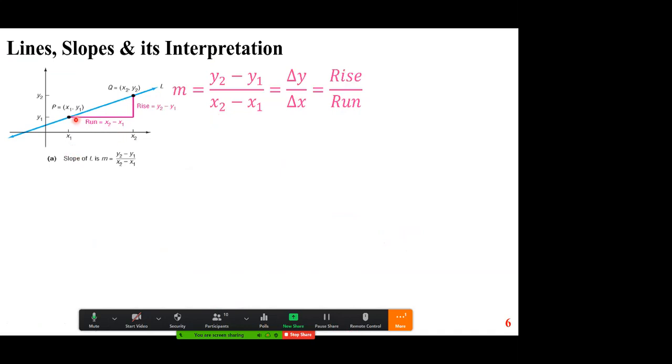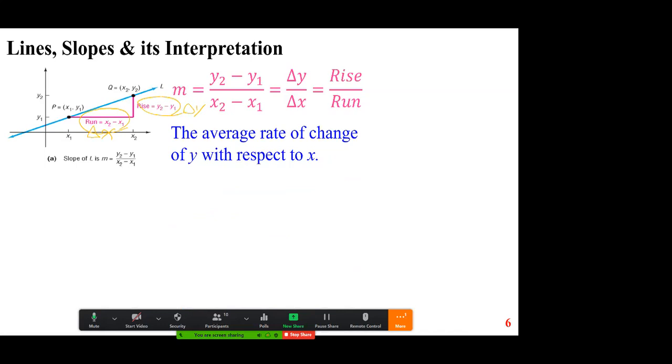We can write delta, this is delta y, y sub 2 minus y sub 1. And this is delta x, change in x. This is delta y. And as I mentioned, the average rate of change of y with respect to x.